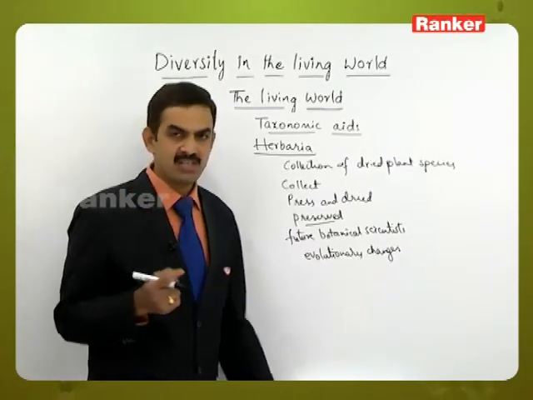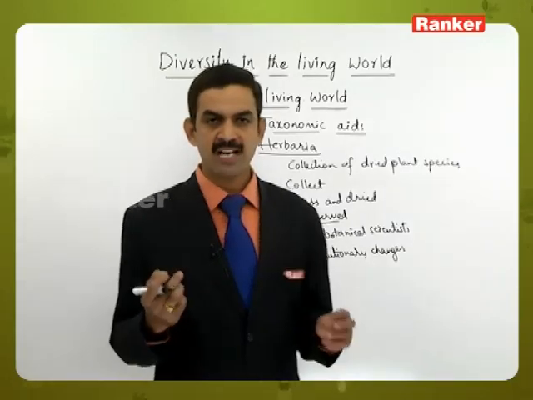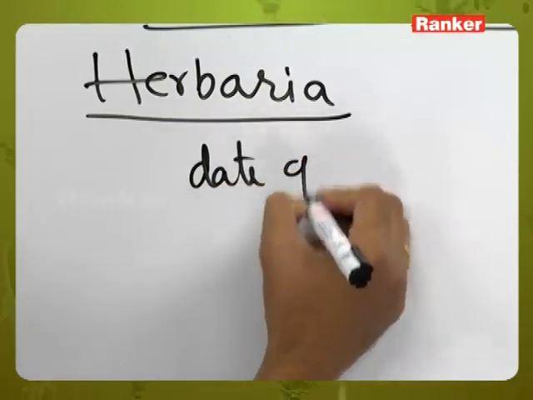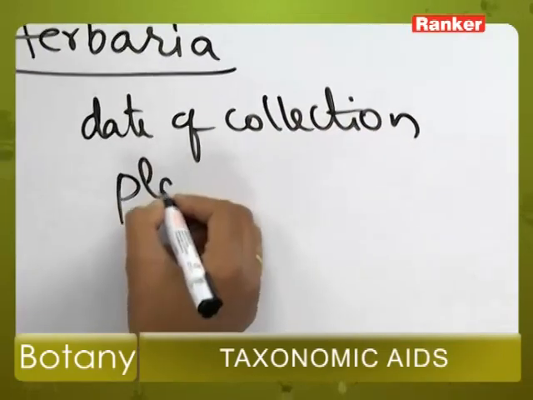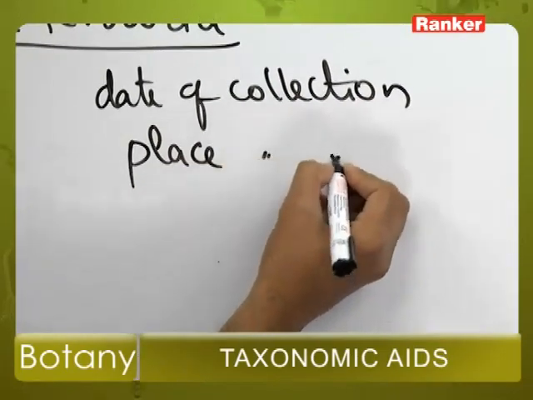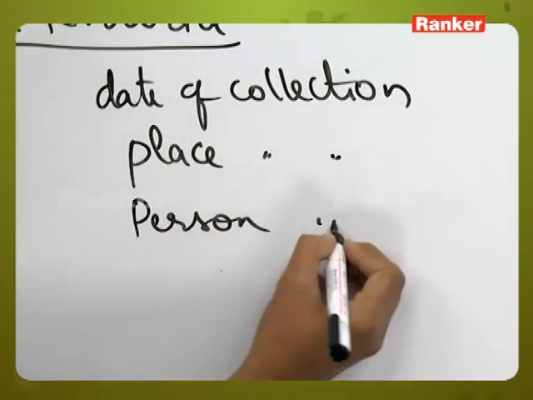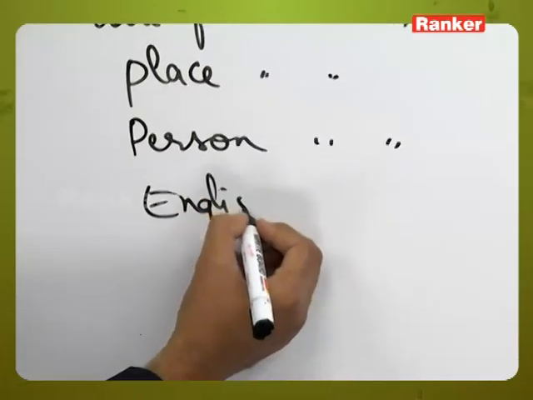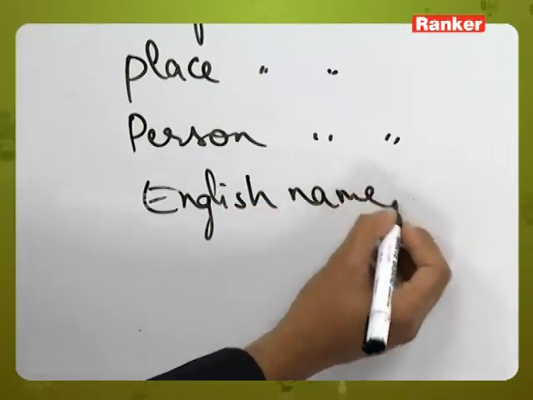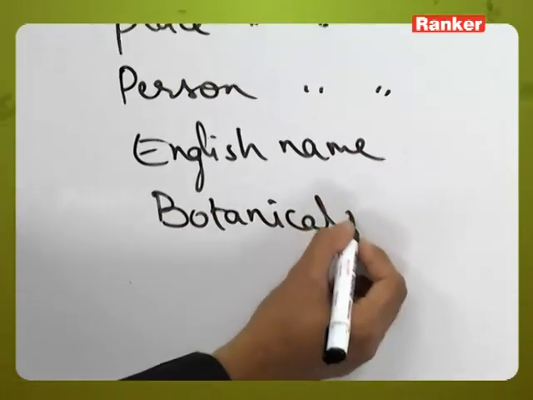The herbarium sheet gives all the information like the date of collection of the plant species, the place from where it was collected, the person who collected it, and also the English name of the plant along with the botanical name.